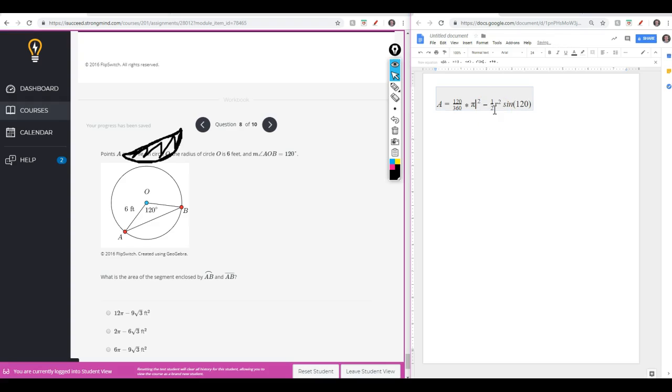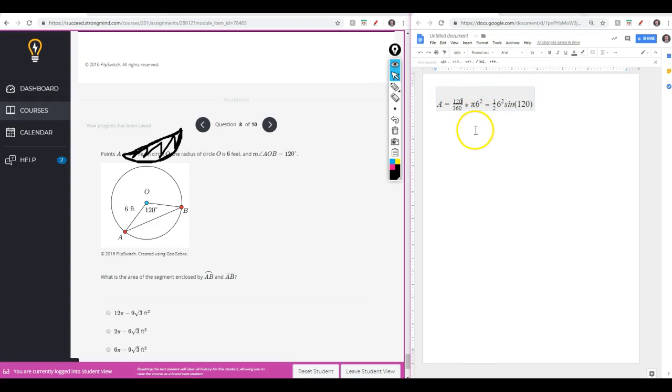Wherever we see r, which stands for the radius, we're going to type in 6 feet. And that was squared, so I want to make sure that's correct. Then I'm going to first work on this first half, and then we'll deal with this half afterwards.